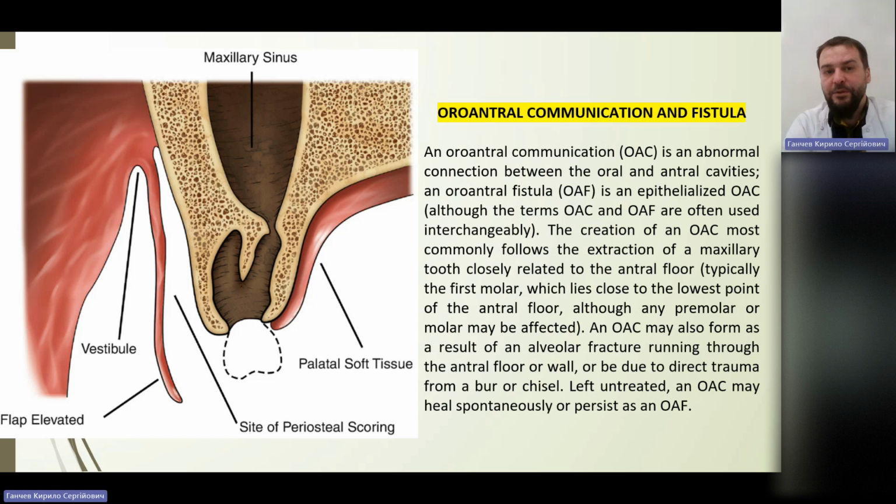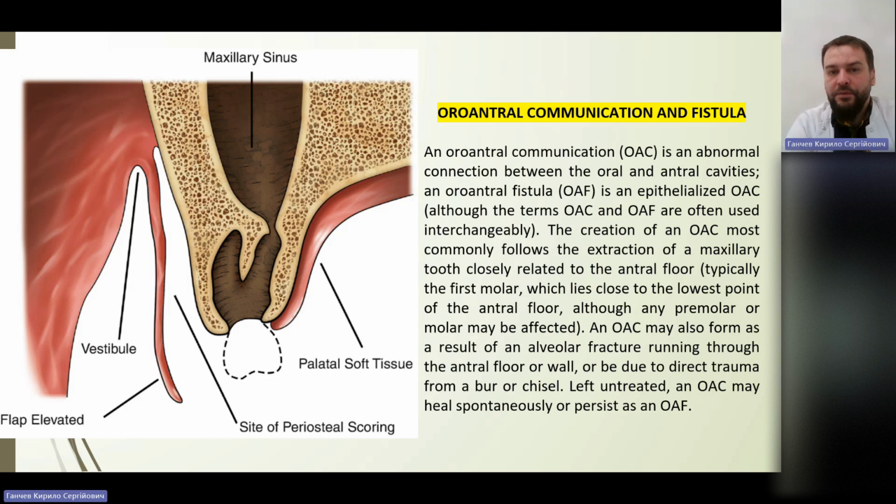So that's why it's an abnormal connection between the oral and antral cavities. An oroantral fistula is an epithelialized oroantral communication. It's just an abbreviation, right? Although the terms communication and fistula are often used interchangeably.